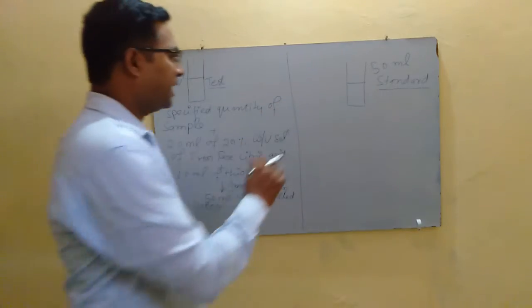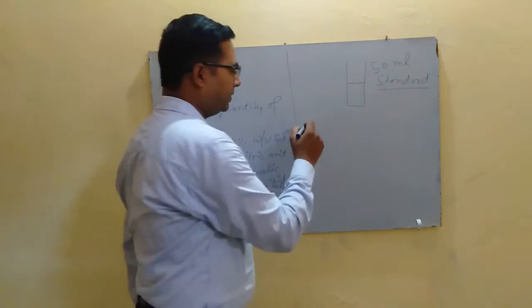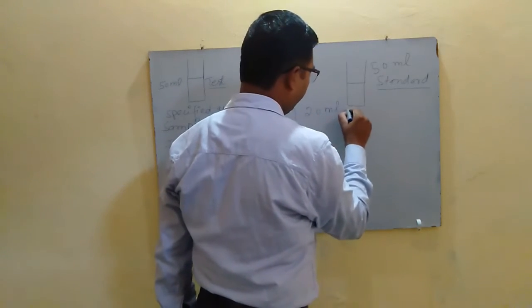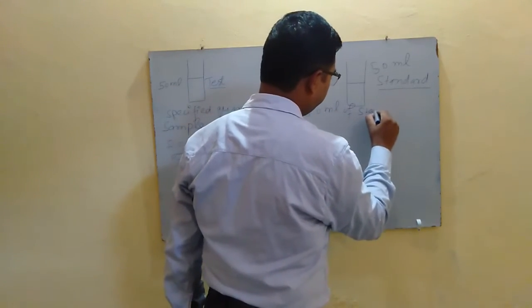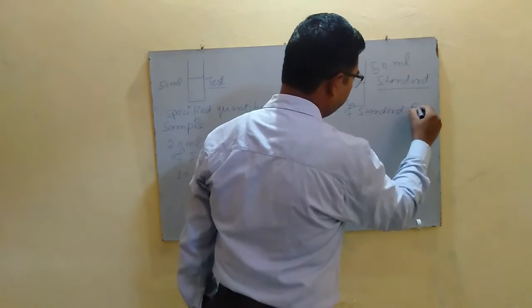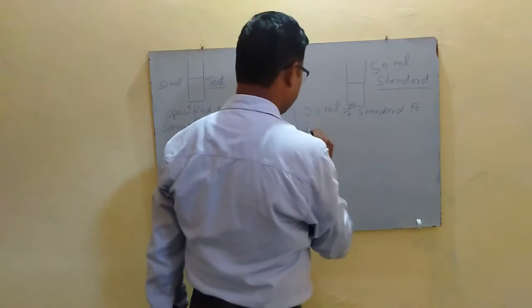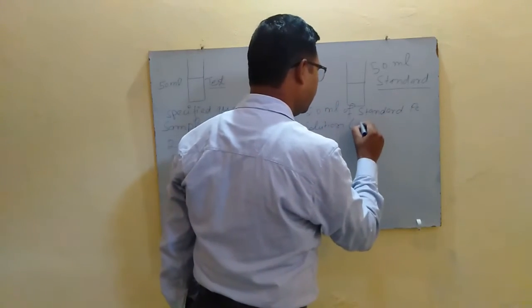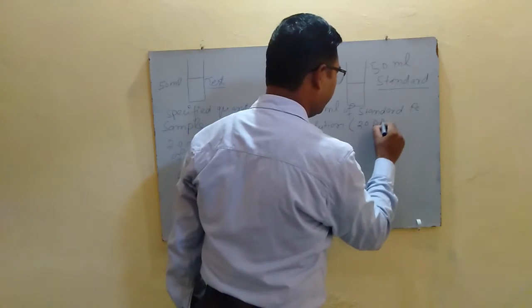In the standard Nessler cylinder, we use 2 ml of standard iron solution, and its strength is 20 ppm.